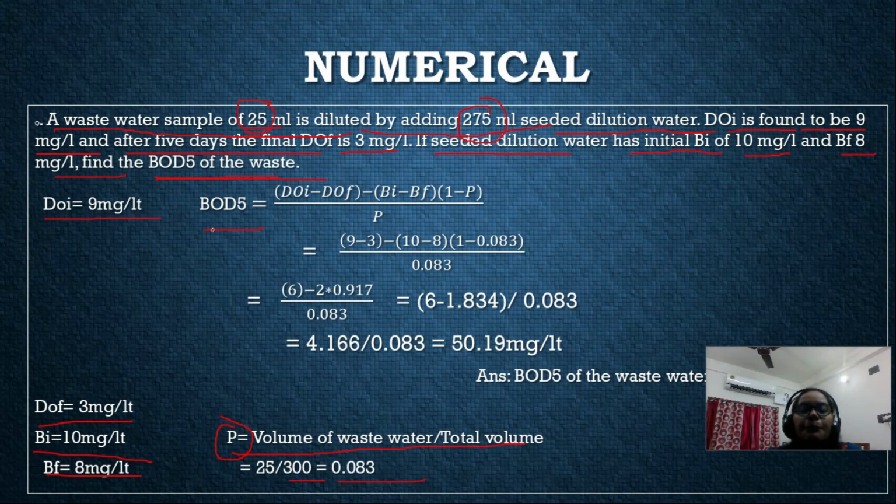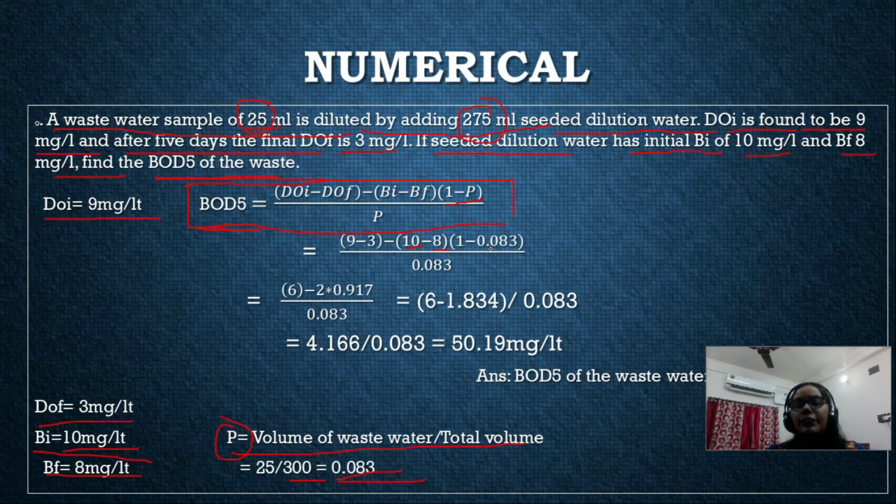Okay, so now you can understand that for BOD 5, we should obviously use the expression of the modified BOD test for solving this numerical. Understand? DOI is already given, 9, minus DOF, that is 3, minus BI, given as 10 milligram per liter, minus BF, that is 8 milligram per liter, into 1 minus P. The P value you have already calculated.